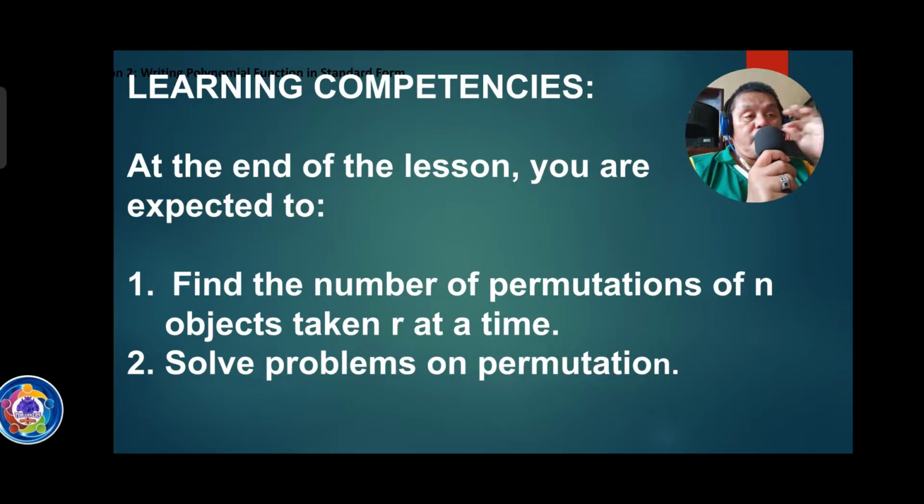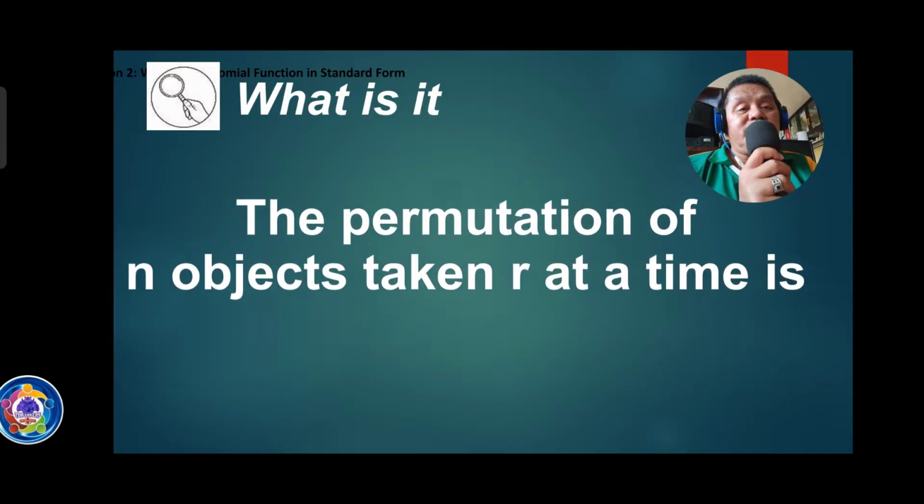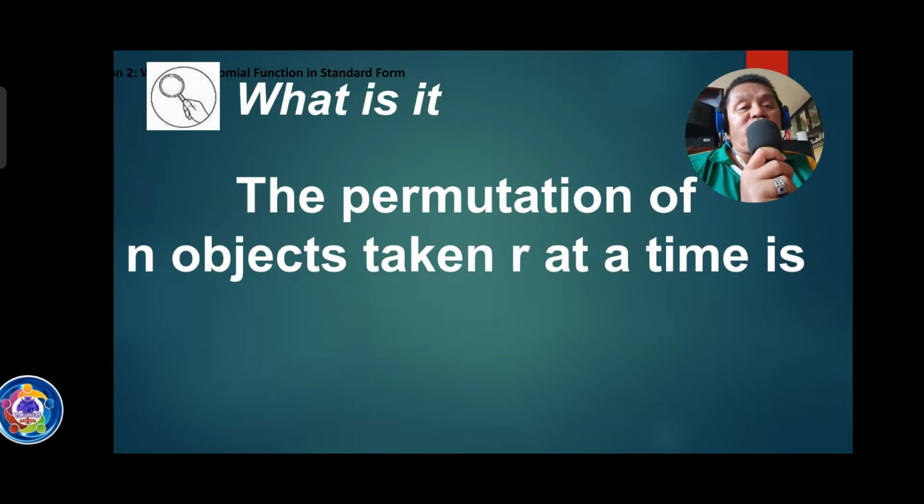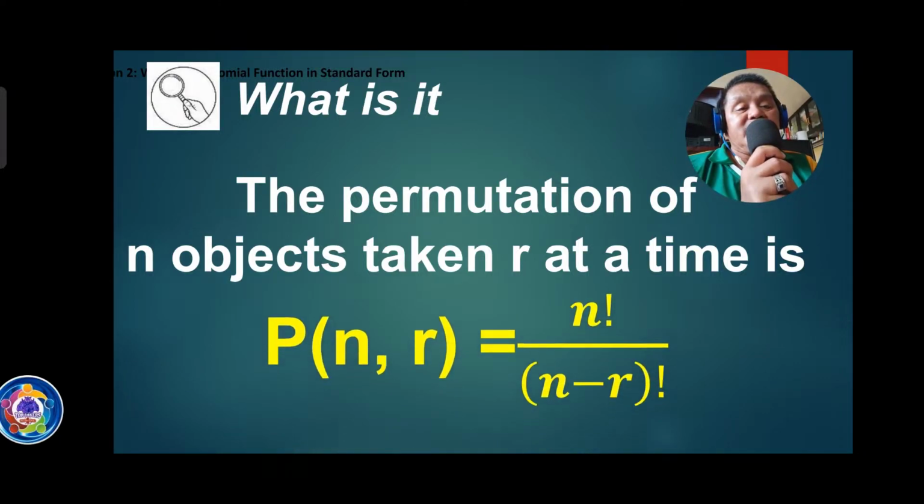So we have the permutation of n objects taken r at a time is given by this formula.